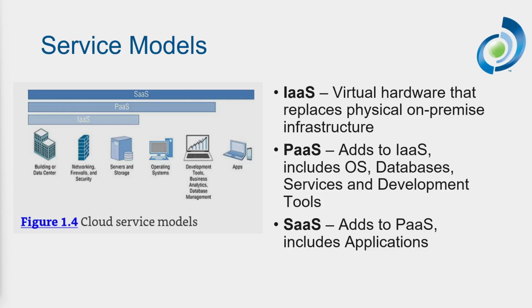A point I want to point out here when we're talking about infrastructure as a service: this is one of the ways that people move into the cloud. It's one of the first steps, where you're replacing what you're doing in your data center, but now you're doing it in a cloud world. Even at the lowest level in infrastructure as a service, where you have your virtual hardware that replaces your physical on-premise infrastructure, you're already taking a huge step. Back in the day when we would order our own hardware, we would order to spec.